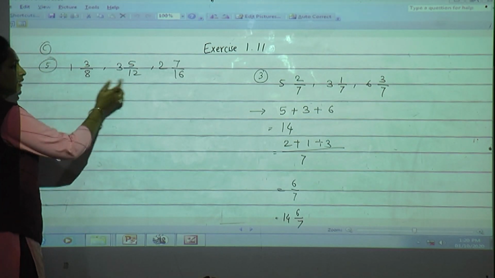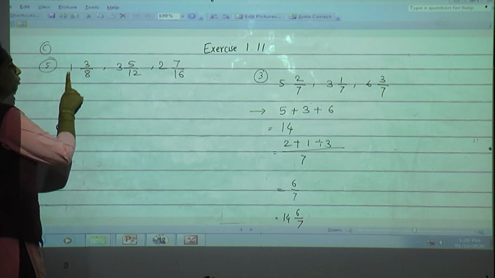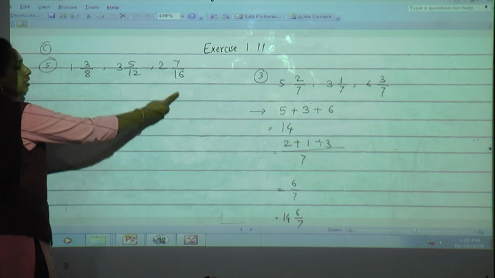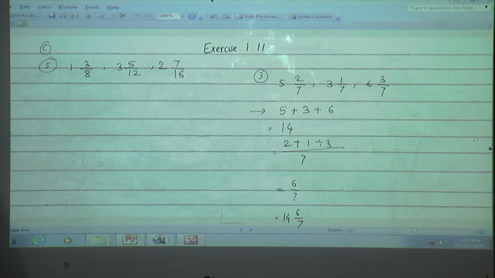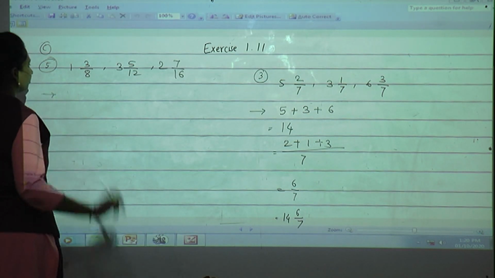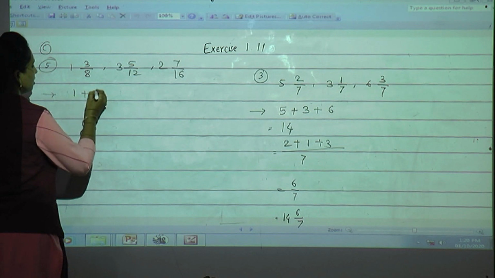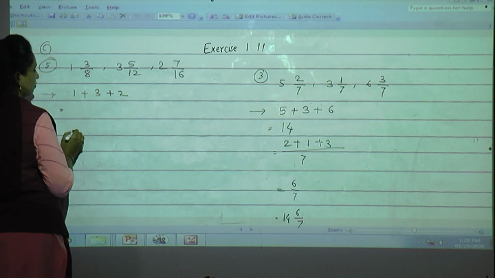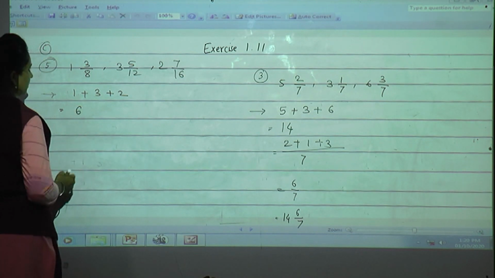So when 3 numbers are there, what you have to do? Add whole numbers together and the denominators LCM we are going to find out. Now we will add 1 plus 3 plus 2. What is 1 plus 3 plus 2? 3 plus 1 is 4, 4 plus 2 is 6.